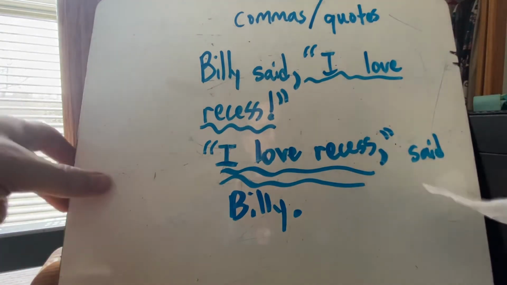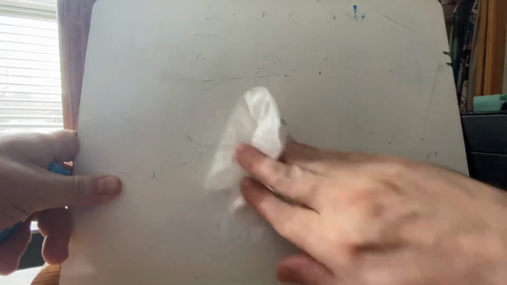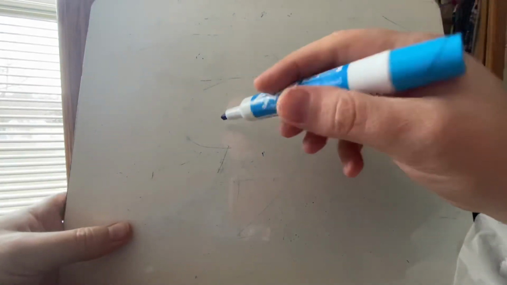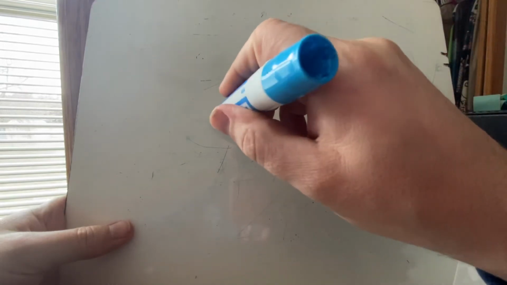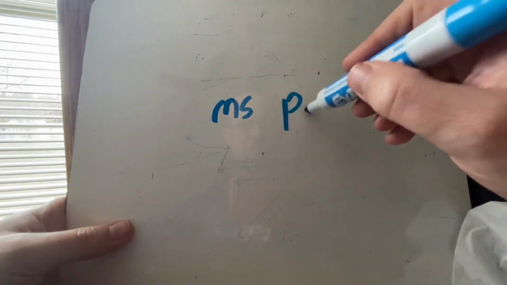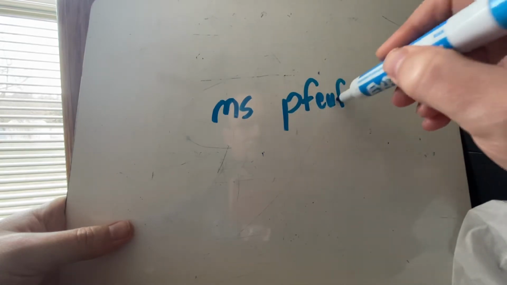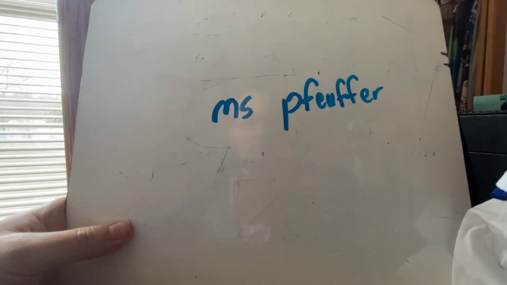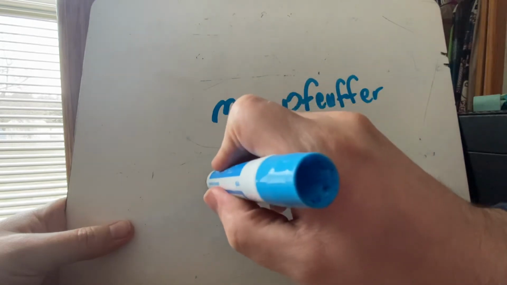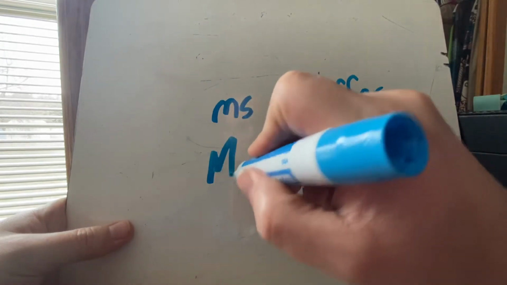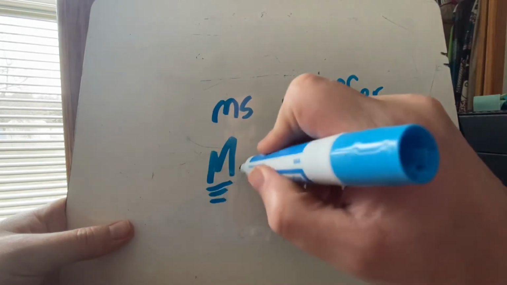The last thing I want to show you guys real quick, just as a reminder of our capitalization and punctuation, is when we are writing somebody's name. So if we had something like Miss Pfeiffer, okay, if we wanted to write that the correct way, we would need to capitalize the M in Miss.